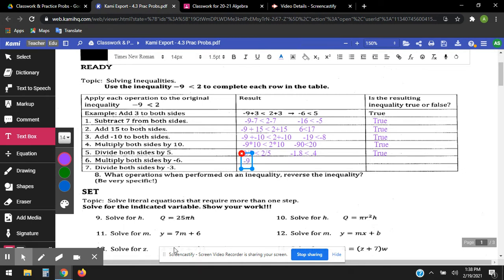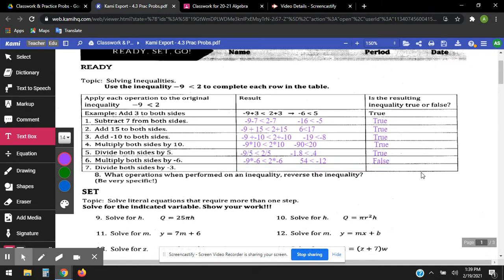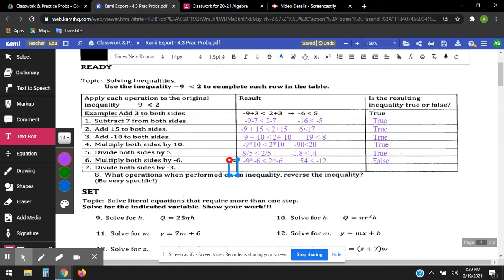So -9 times -6, is that less than 2 times -6? Okay, -9 times -6 is a positive 54. Is that less than -12? That is not. So these negatives are going to throw this off a little bit. We need this information as we're going forward.